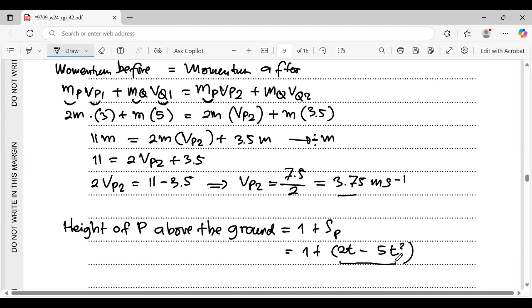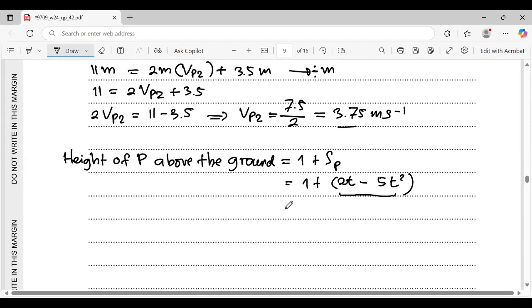We got this information from part A, the previous part. So it's going to be 1 plus 2 times 1/2, because t is 1/2, minus 5 times 1/2 squared. And if you calculate, the result is 3/4 or 0.75 meters.